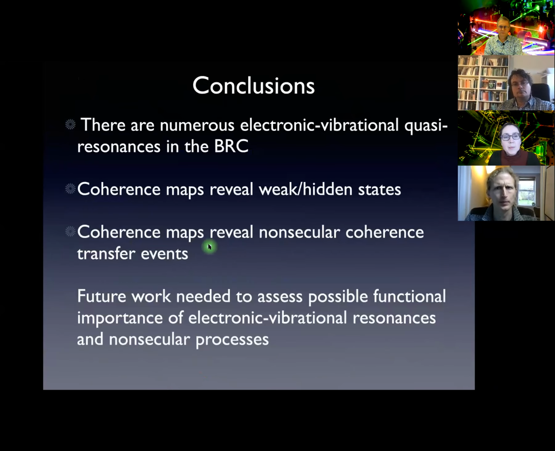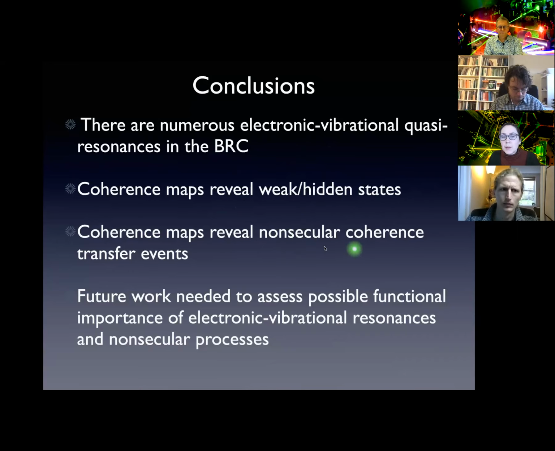So to conclude that part of the talk, we find that there are numerous electronic vibrational, we call them quasi-resonances. These are not exact resonances between vibrations and excitonic energy gaps in the BRC. The coherence maps are very handy for revealing weak or hidden states. In this case, it was the upper P exciton in our study.